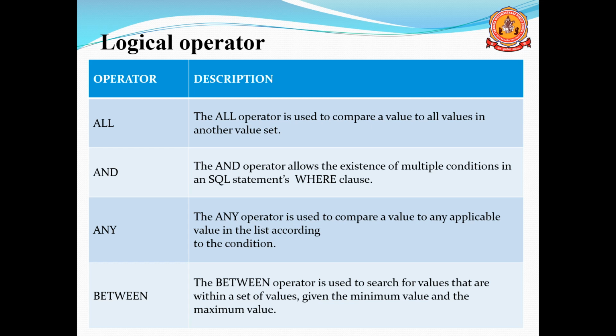The next one is ANY. The ANY operator is used to compare a value to any applicable value in a list according to the condition. In ALL, 2 sets are checked and all the values should be correct. But in case of ANY, there is no need for all the values to be correct.